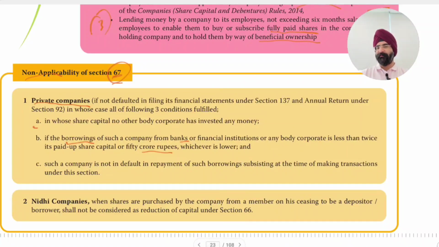Maybe the paid up share capital is 1 lakh, then it can be less than 2 lakhs or 50 crore rupees, whichever is lower. In our example, 1 lakh is lower, so double 1 lakh is 2 lakh. Up to 2 lakh it can borrow from banks and still exercise this power. But if paid up capital increases beyond 50 crores, then 50 crore becomes the lower limit.